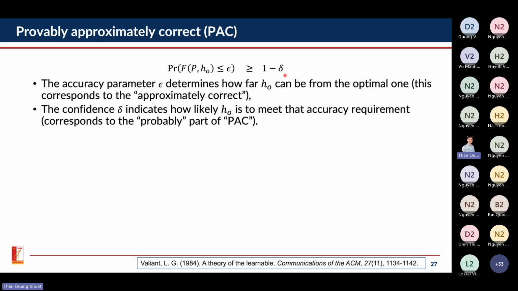And delta represents how likely the returned model can meet the requirements about quality. Or in other words, one minus delta here shows our confidence, the confidence in our estimation about the test error.